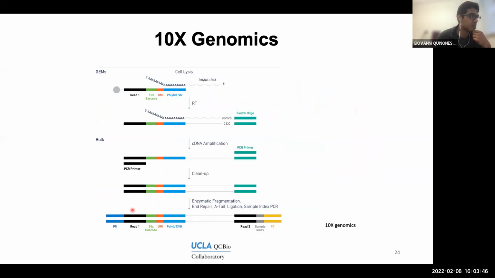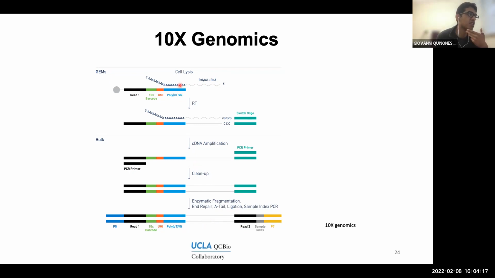The next slide is a little bit of detail about what I just mentioned. We saw the library preparation protocol for SMART-seq2. Here we have this protocol. This is a more detailed description of how we go from capturing the RNA all the way into generating a library that's ready to be sequenced.